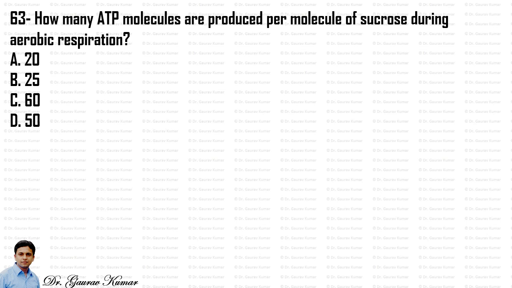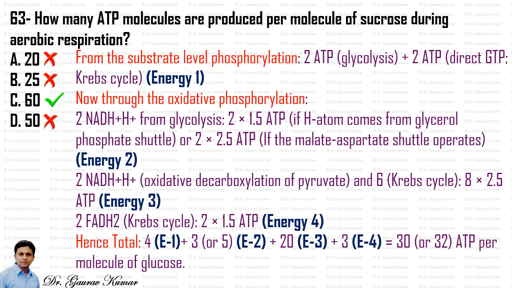Next question, how many ATP molecules are produced per molecule of sucrose during aerobic respiration? The answer is C, 60. Let's see how the answer comes to 60. From substrate level phosphorylation, 2 ATP are generated in glycolysis and 2 are direct GTP generated in the Krebs cycle.